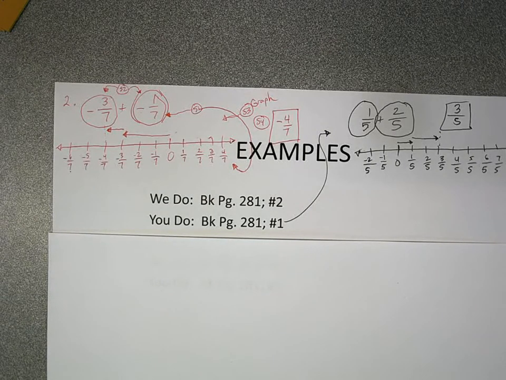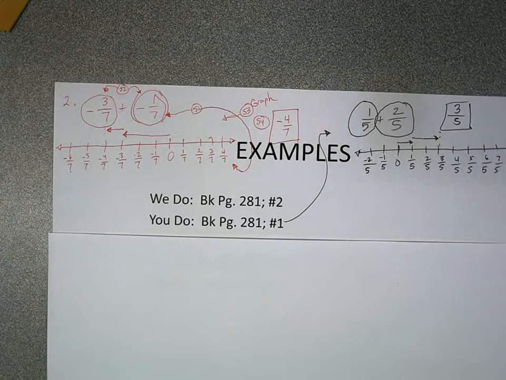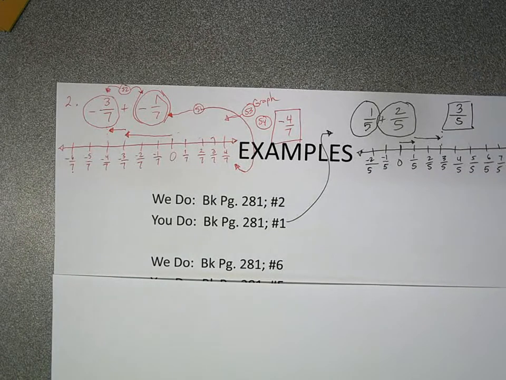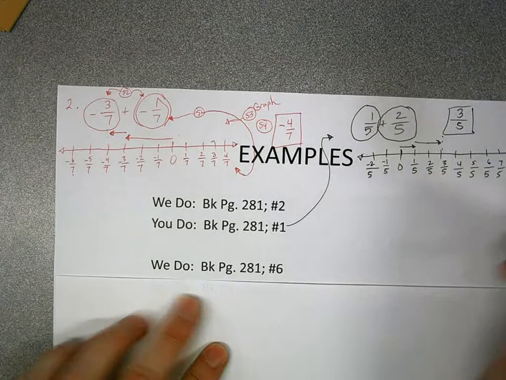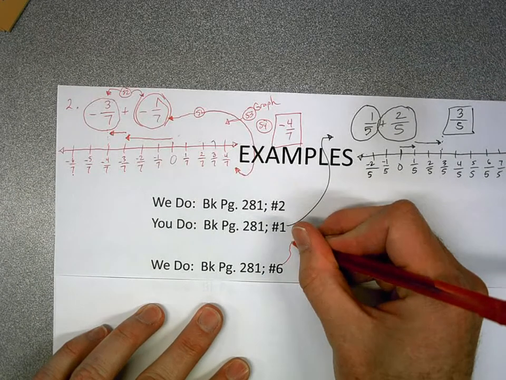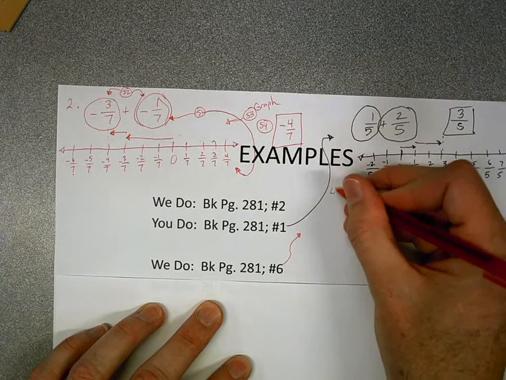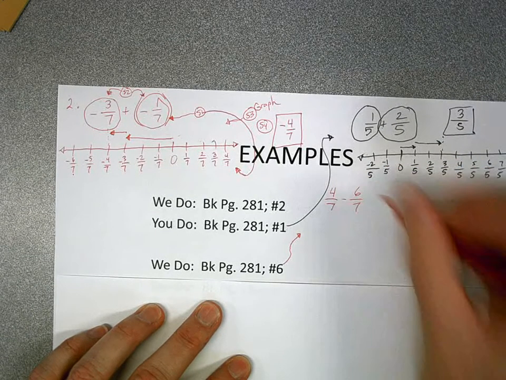Okay, so we're going to go ahead and take a look at number 6 on 281. Number 6. Okay, so here we go. Number 6 was 4/7 minus 6/7. This one's a little different though, right?